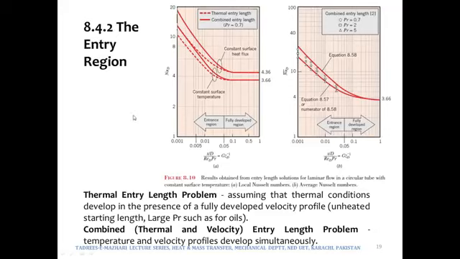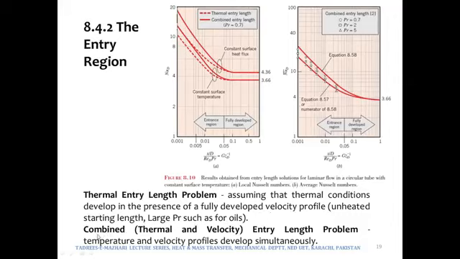In fact, they have considered two cases. One is the thermal entry length, and the other one is the combined entry length. The thermal entry length is shown with a discontinuous line, whereas the combined entry length is shown with a continuous line. The thermal entry length problem means we are assuming that the thermal conditions develop in the presence of a fully developed velocity profile, right?